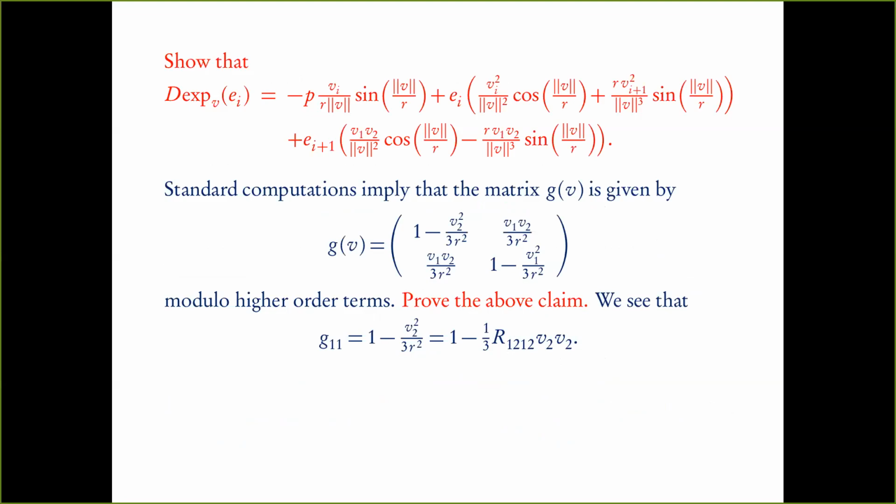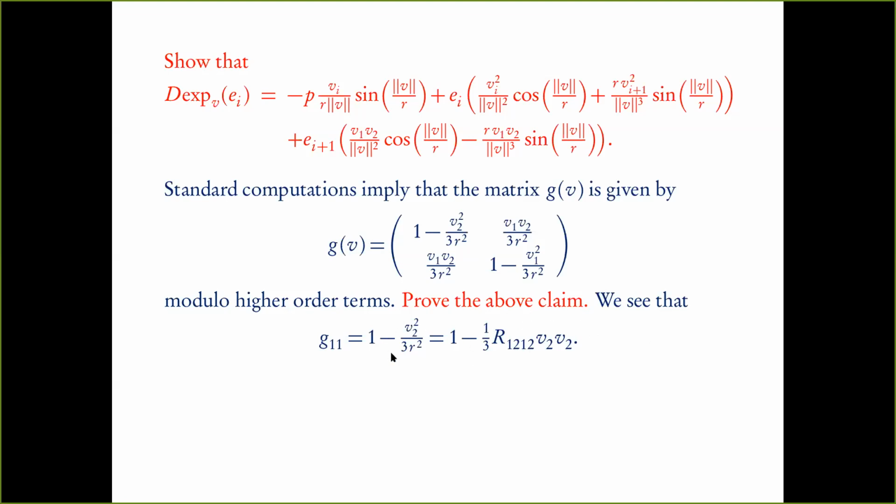If you want, I can go over that again. Think of the formula of Riemann. It says you expand G11 in Taylor series. It's 1 minus, there's no linear term, 1/3 r1212 v22 plus other terms. But we see in our expansion that the only term that appears is v2 square, which means this is the only term that survives according to the formula of Riemann.